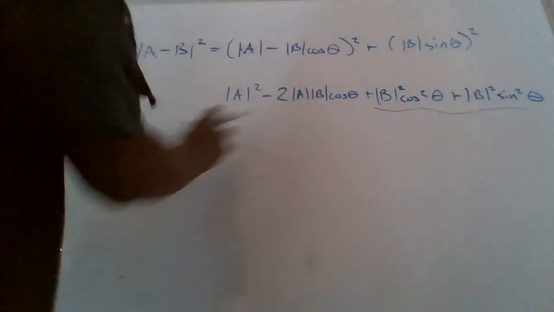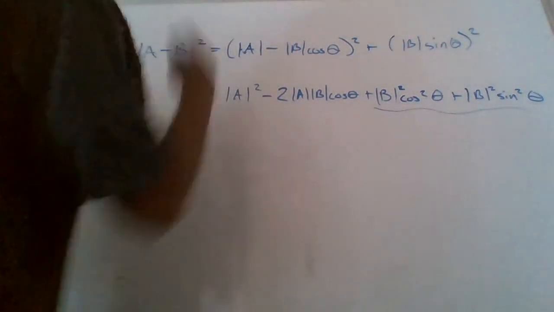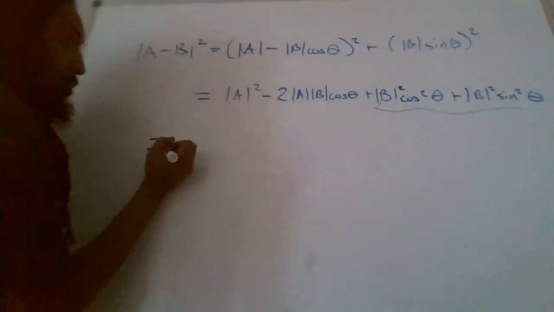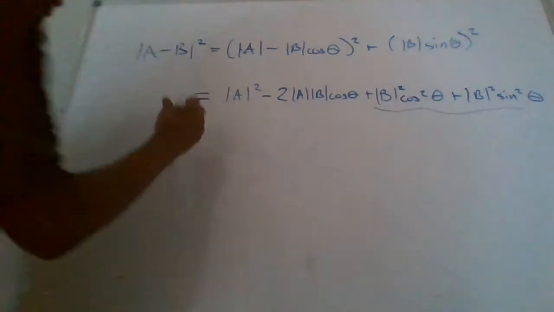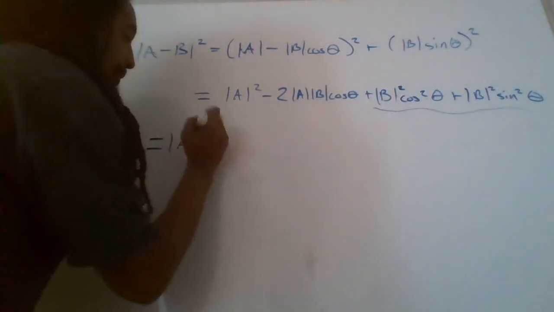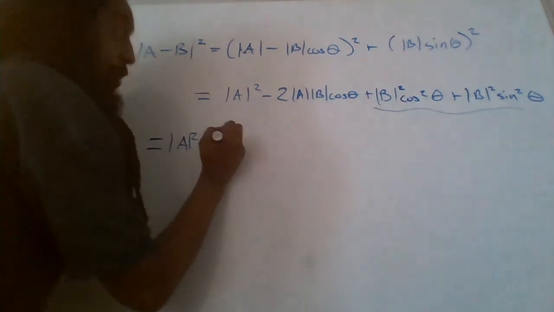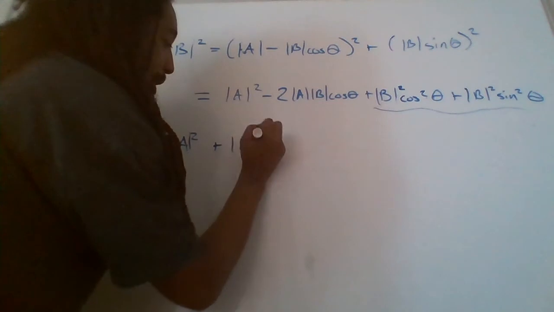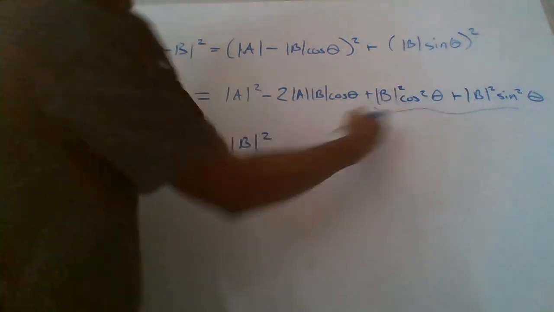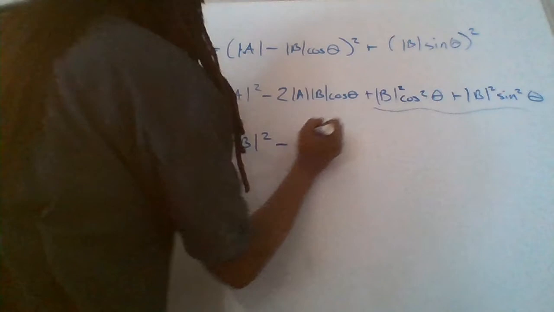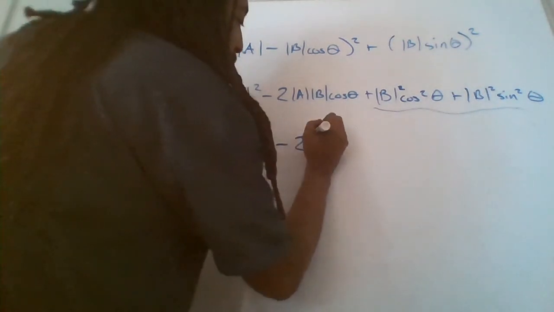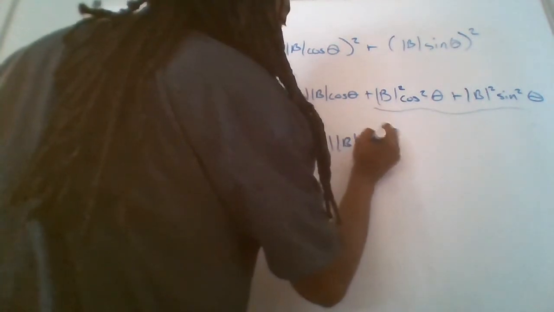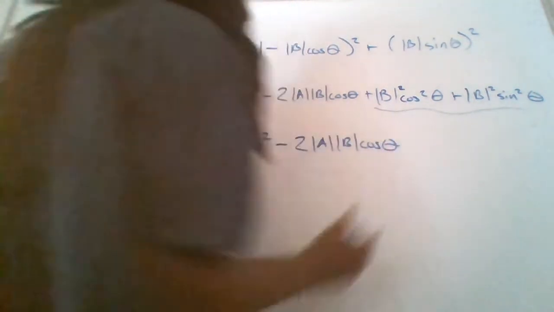So that means we have A minus B squared is equal to the magnitude of A squared plus the magnitude of B squared minus 2 magnitude of A, magnitude of B, cosine theta.